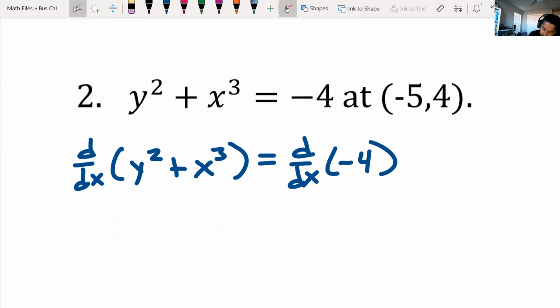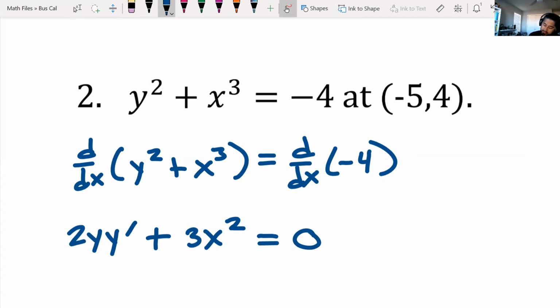Okay. Well, the implicit derivative of y squared from that above legend that I wrote is going to be 2y y prime, plus the derivative of x cubed is 3x squared equal to 0. There we go. There's the implicit derivative.